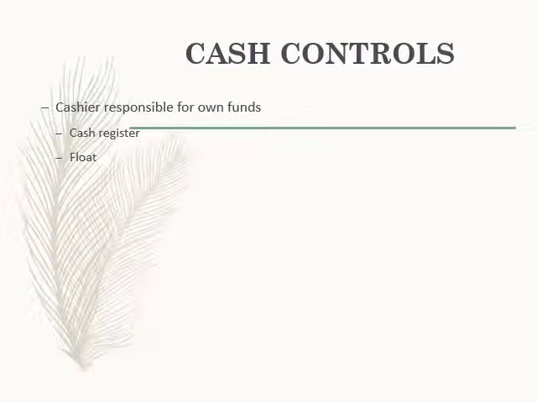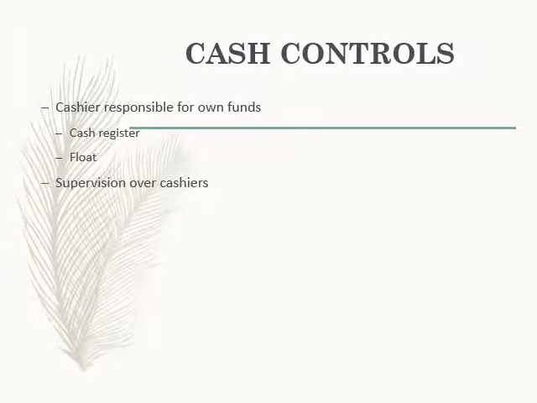If the cashiers work on a shift basis, every shift handover should be accompanied by the cash register reconciliation, so that you accept responsibility for your specific funds at that point in time. That needs to be reconciled to the physical float on hand, as well as any supporting documentation for what has been paid out or received into the cash register.